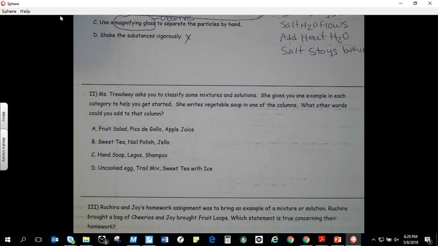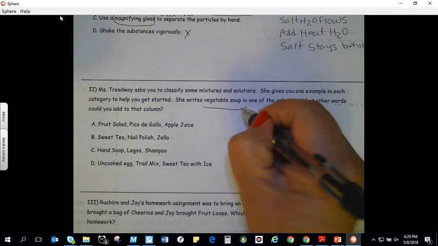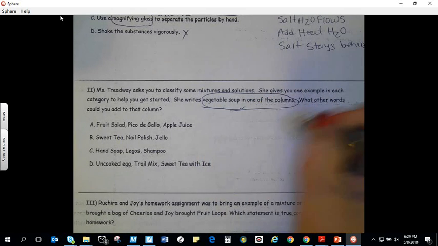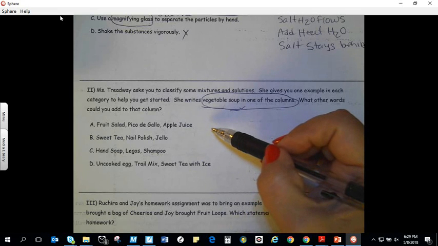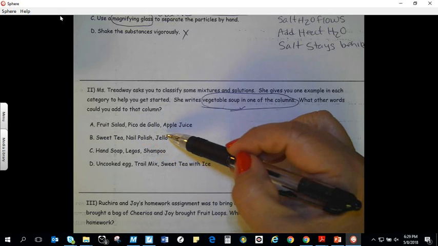She writes vegetable soup in one of the columns. What other words could you add to that column? Fruit salad, pico de gallo, apple juice, sweet tea, nail polish, jello.